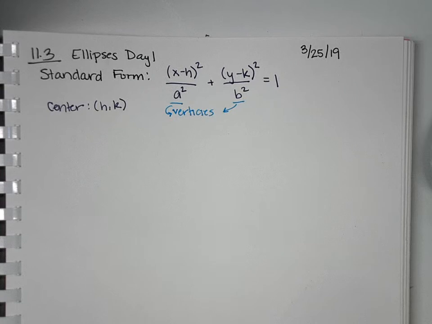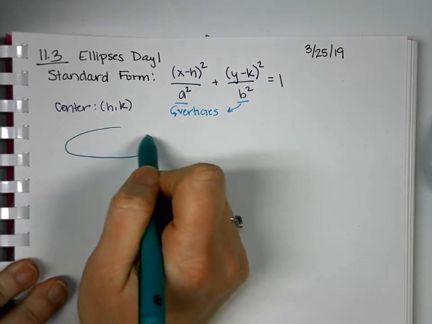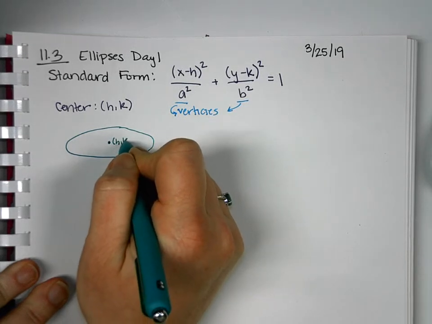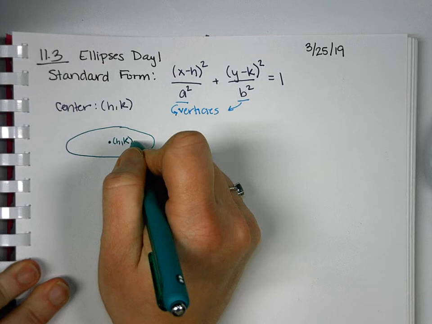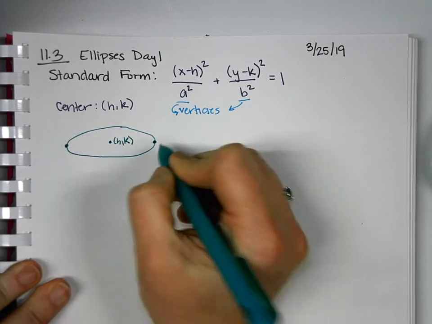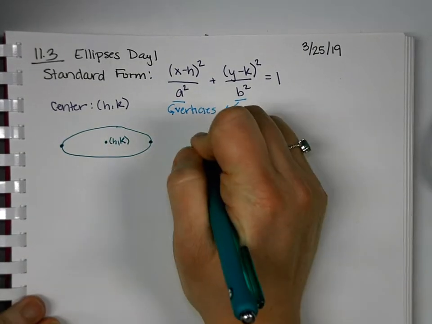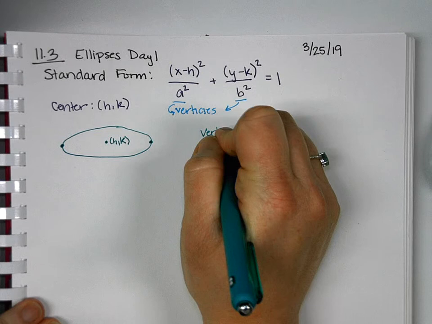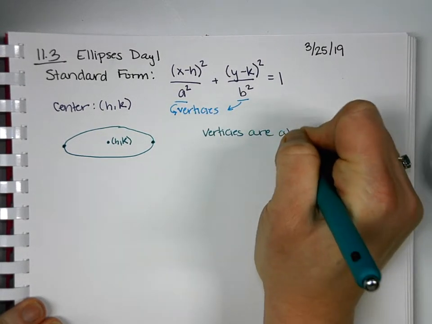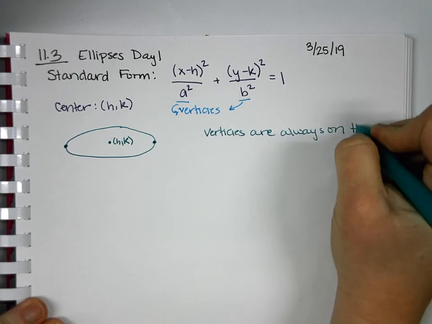So if we had a horizontal ellipse, it's going to look something like this, with your center at (h, k), and then you have these two points here, which are called vertices. And vertices are always on the major axis.